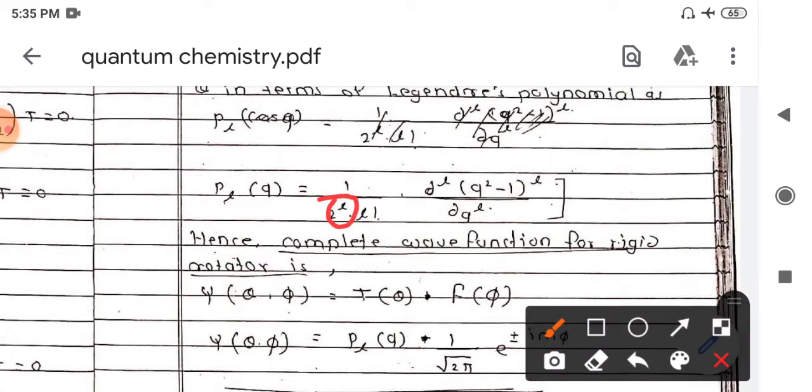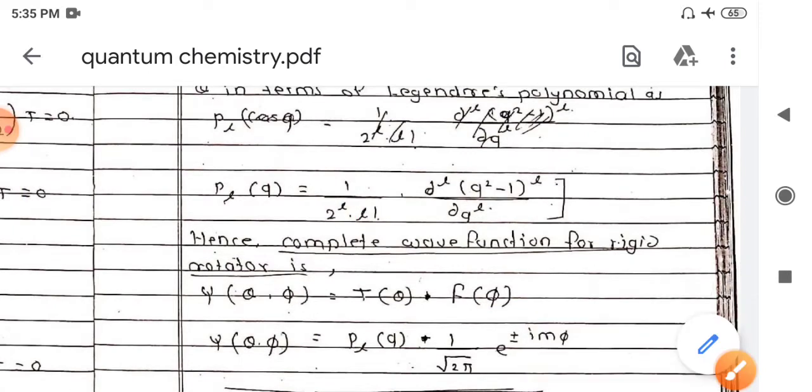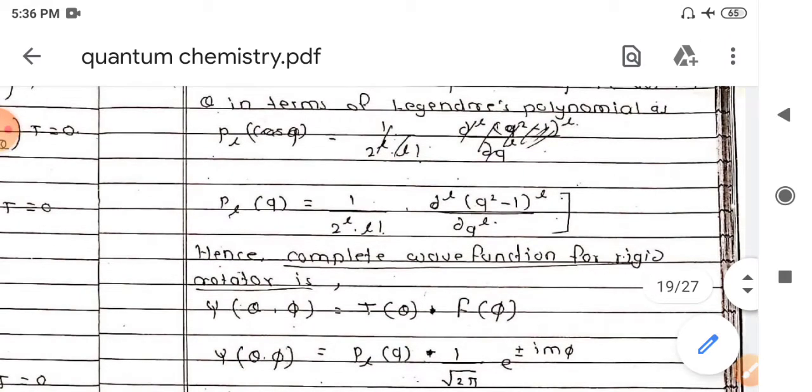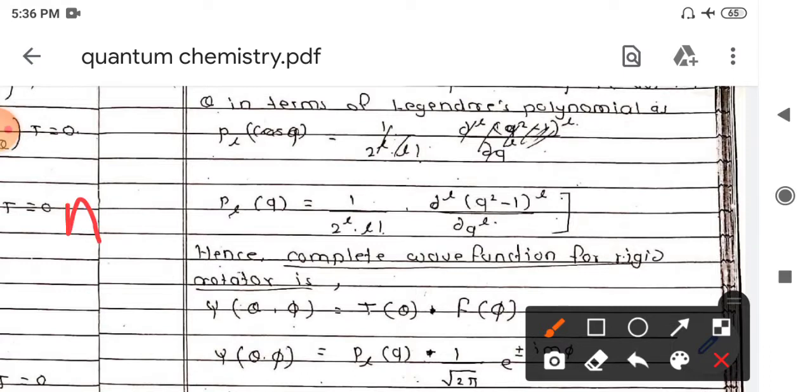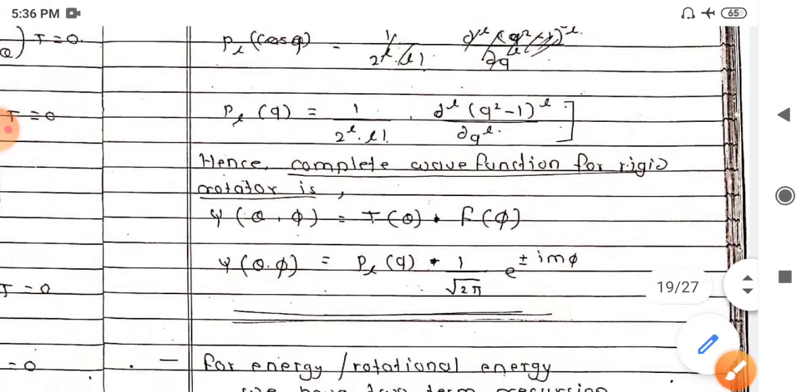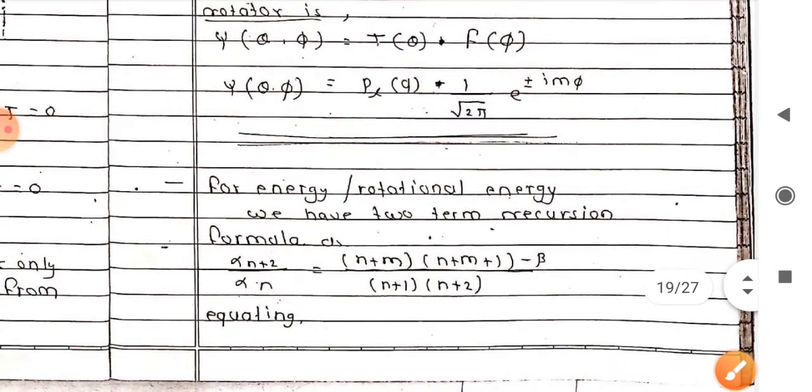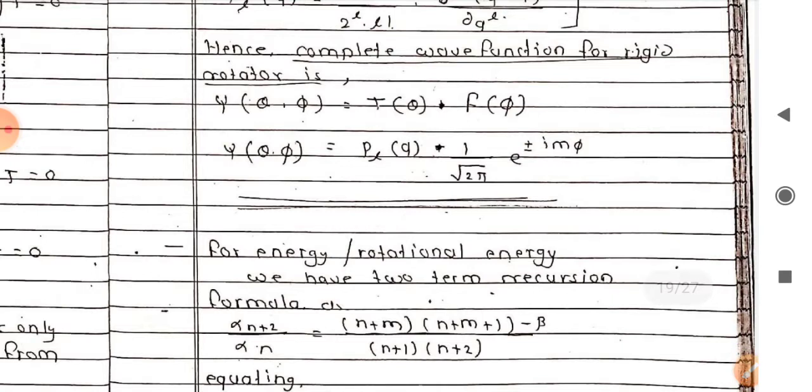So we have seen all three quantum numbers which have variable values: how to obtain the values for n, how to obtain the values for m, and now we have obtained the values for L also. So this is the general wave equation for the rigid rotor.